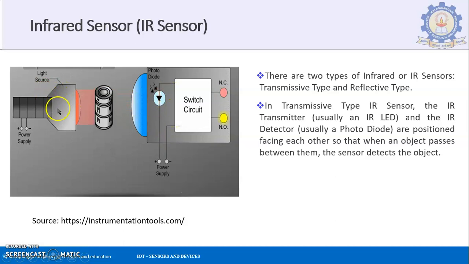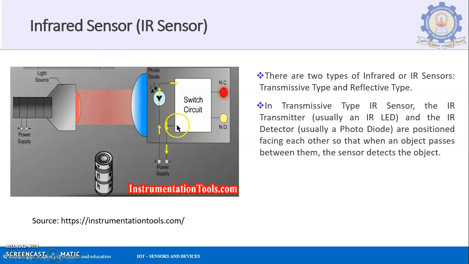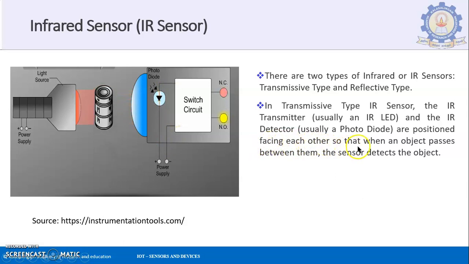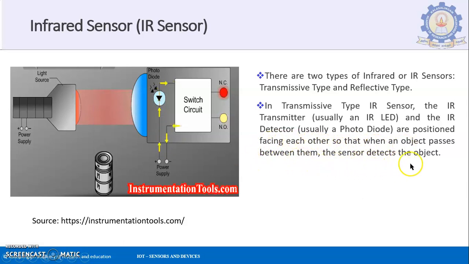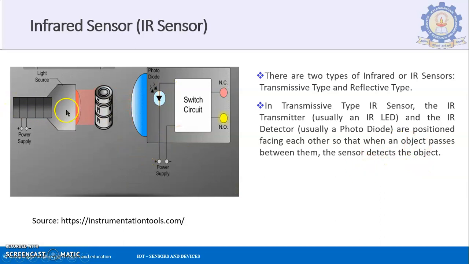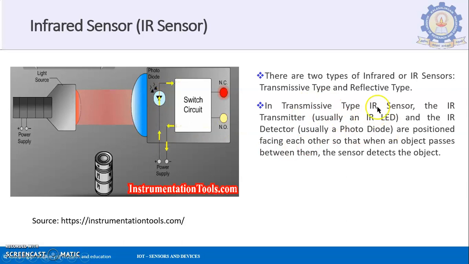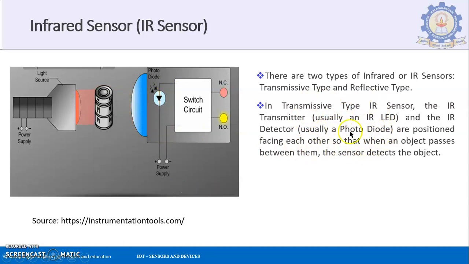So an IR LED will be on one side and there will be a photodiode on the other side, positioned facing each other, and when an object passes between them, the sensor detects the object accordingly. The photodiode responds depending upon the light falling on it.